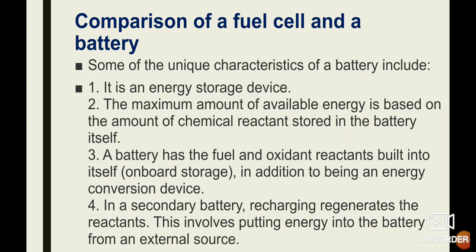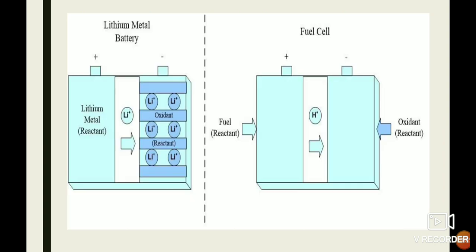Third, a battery has the fuel and oxidant reactants built into itself as on-board storage, in addition to being an energy conversion device. In a secondary battery, recharging regenerates the reactants. This involves putting energy into the battery from an external source.